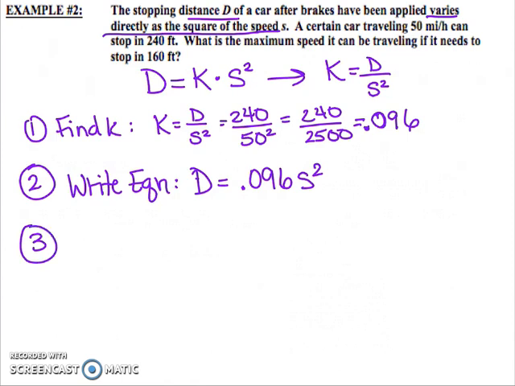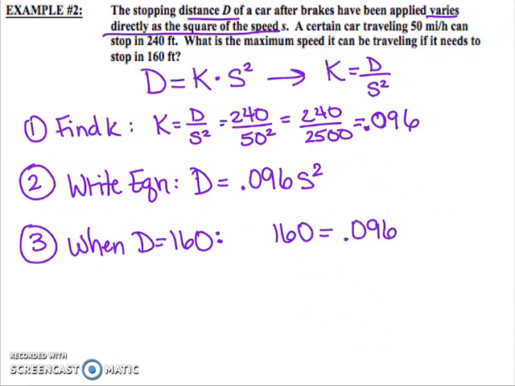What is the maximum speed it can be traveling if it needs to stop in 160 feet? So finally, when d equals 160, we get 160 equals 0.096 times s squared. So first we're going to divide by 0.096 on both sides.